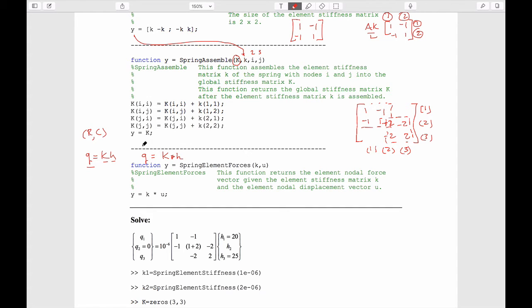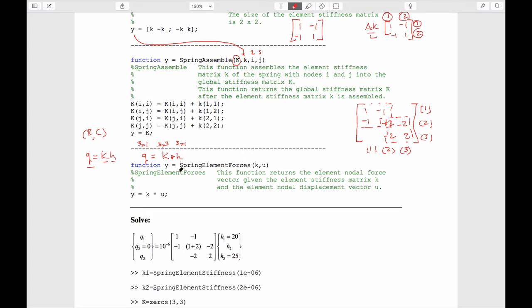Then this would be 3 by 1, 3 rows and 1 column. This would be 3 by 3, just because it has to link it. And this would also be 3 by 1. So they have to be the right size. So in doing those multiplications, we have to deal with that.